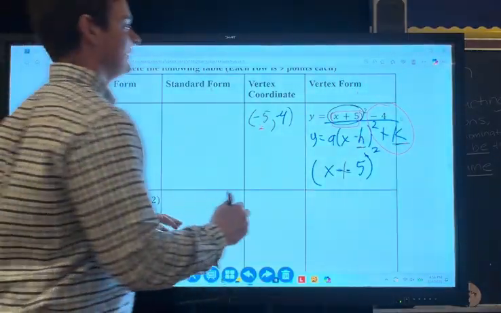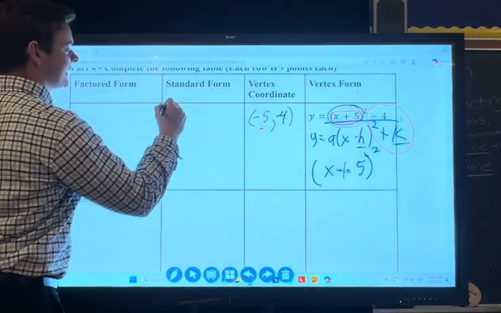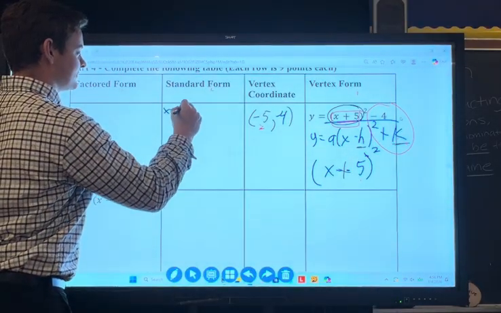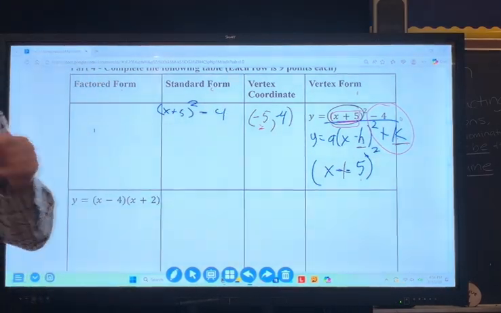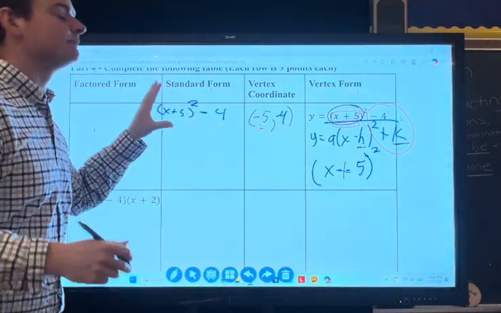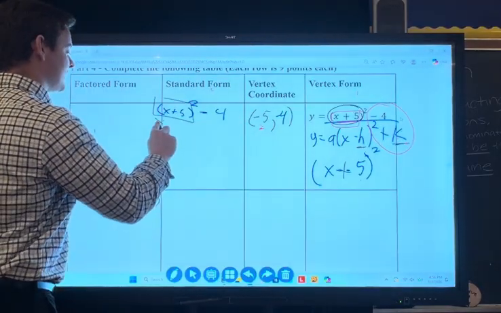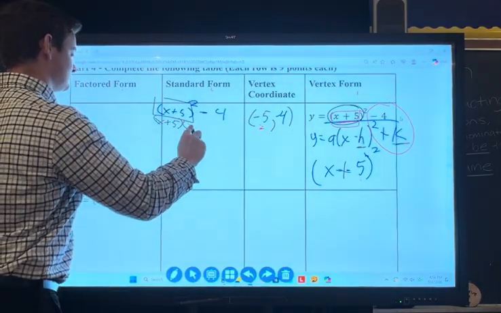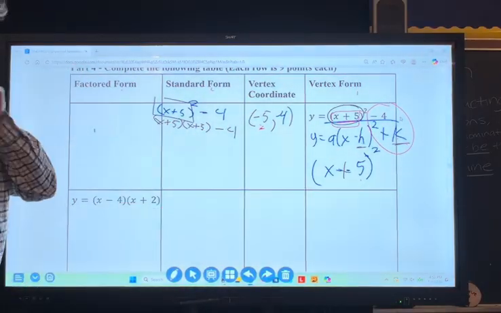Okay. Now, to go to standard form, right, I'm going to rewrite this as (x plus 5) squared minus 4. To go to standard form, I have to expand this (x plus 5) squared. Well, that's really (x plus 5)(x plus 5) minus 4.